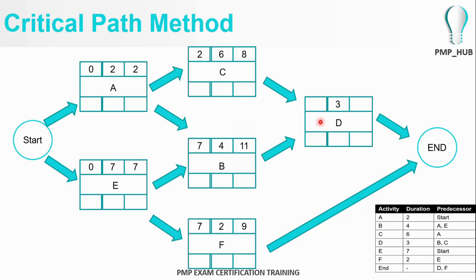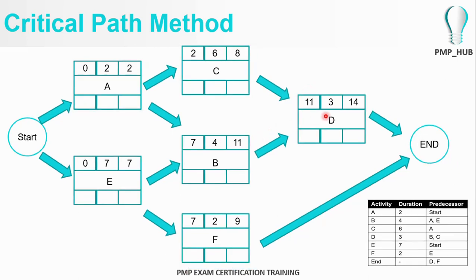Since activity D depends on B and also C, although C finishes on day number 8, the earliest start time activity D can commence is day number 11. Activity D has 3 days duration, so the earliest finish time will be day number 14.